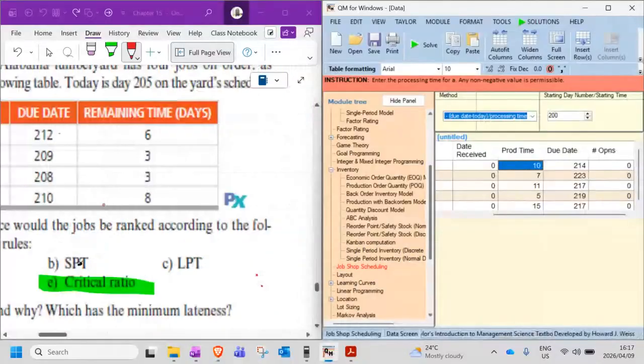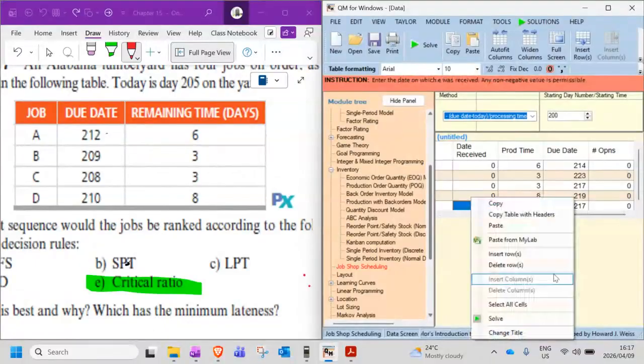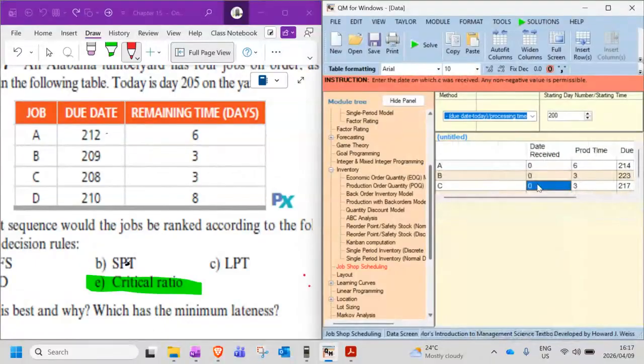There's your thing for 6, 3, 3, and 8. So one row must go. Delete rows. Then we have 6, 3, 3, and 8.